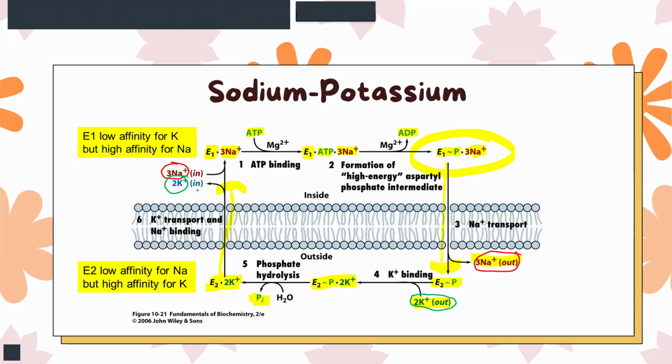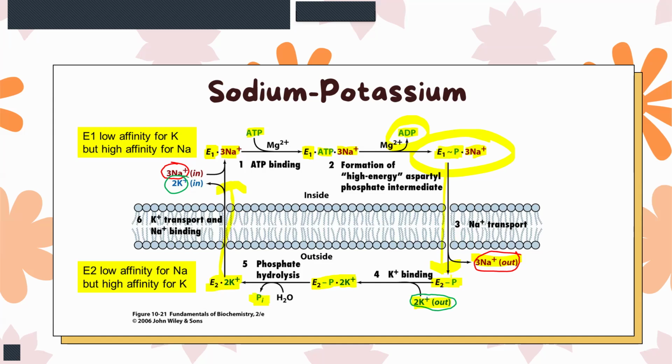The free E1 will not bind ATP. It will only bind ATP whenever it has those 3 sodium ions. Okay. Then ADP is released, and most importantly, E1 gets phosphorylated. That phosphorylated form is the way that I think about our different form of our enzyme.